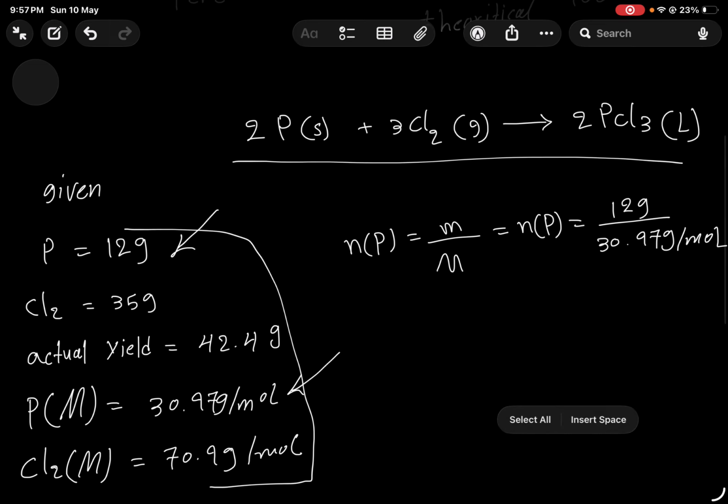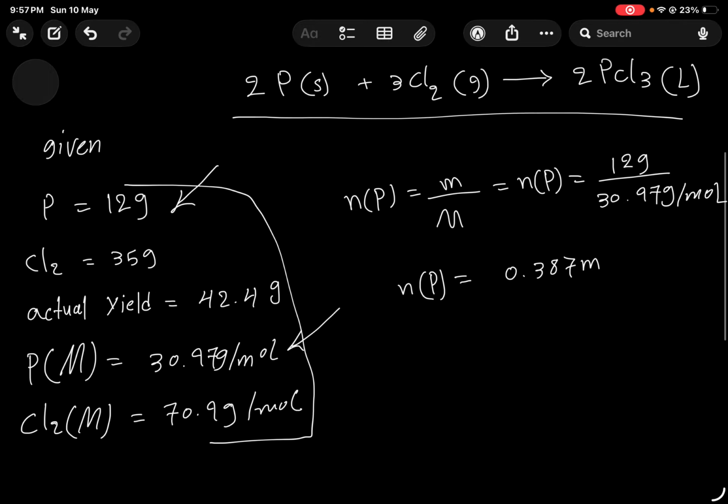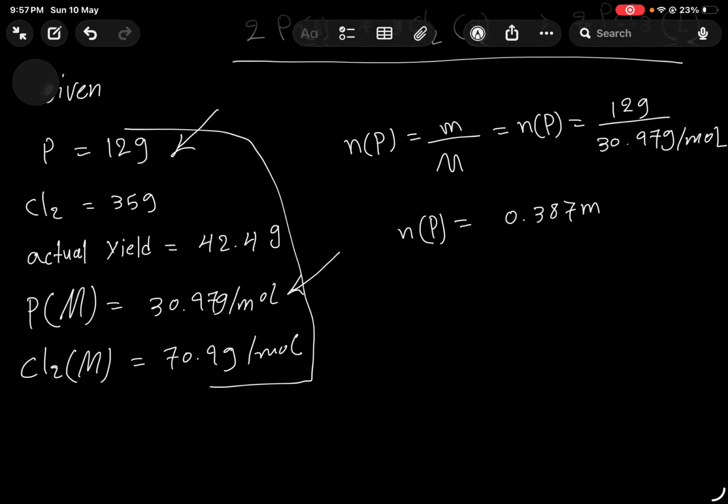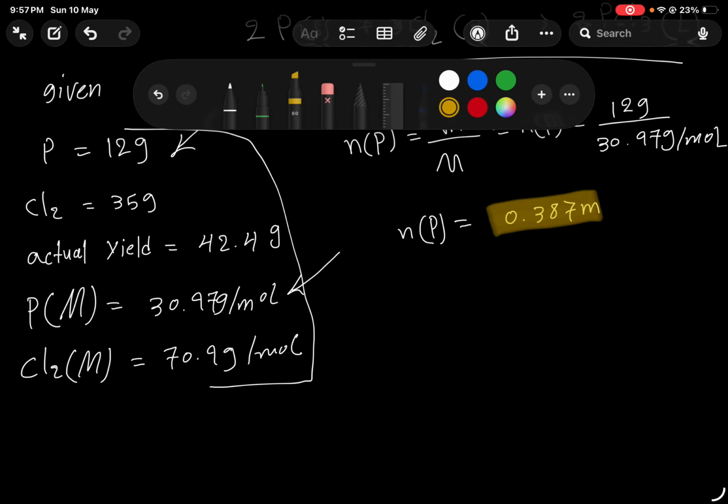If you use a calculator, obviously you will get 0.387 mole. So we found that the mole of P is equal to this much. We're just going to highlight this real quick so we don't forget.